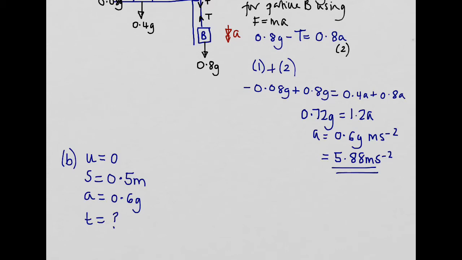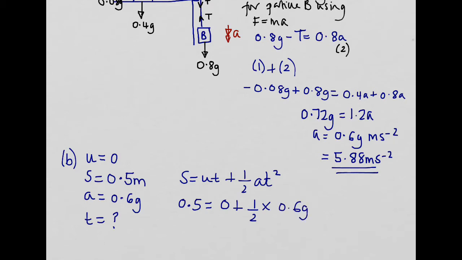So here I'm going to use my suvat equations and I'm going to use s equals ut plus half at squared, and u is 0, so I'm going to have 0.5 as s, and u is 0, so 0 times t, that's 0, plus half multiplied by 0.6 g, because that was my acceleration, times t squared.